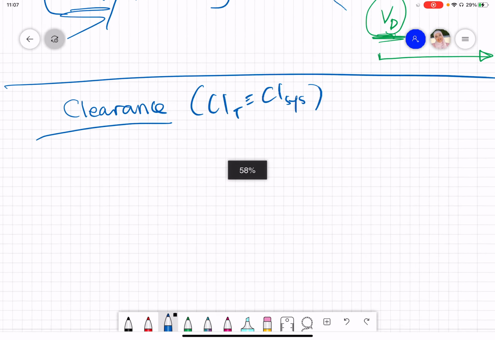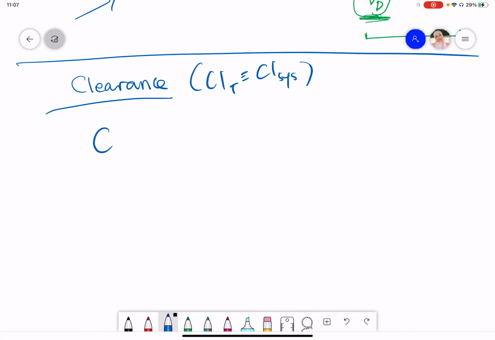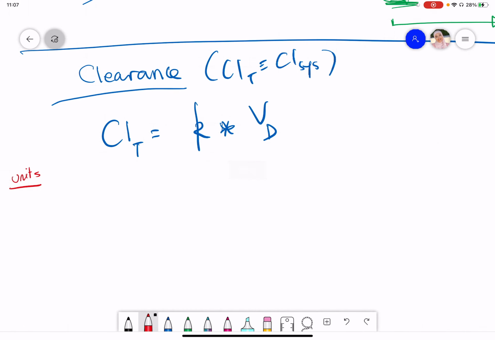One way to determine the clearance of the drug is using the elimination rate constant K multiplied by the volume of distribution. We know that the unit of volume of distribution is volume for sure. The unit of K is 1 over time. And again, we are talking here about first order or linear kinetics for sure. So the unit of clearance would be volume over time.